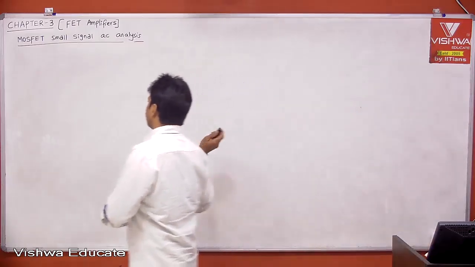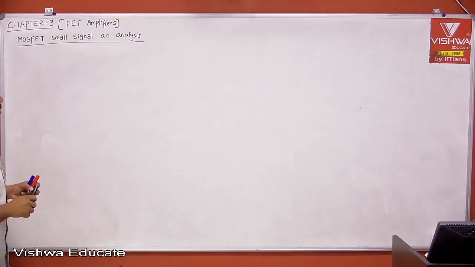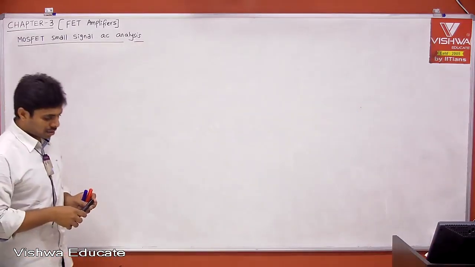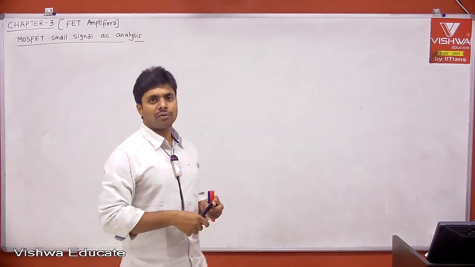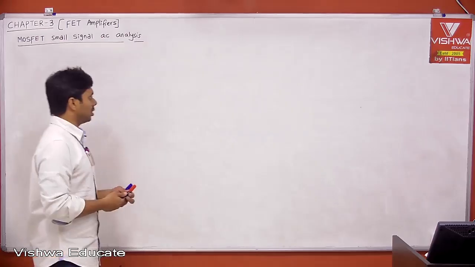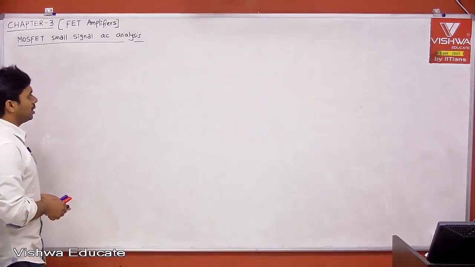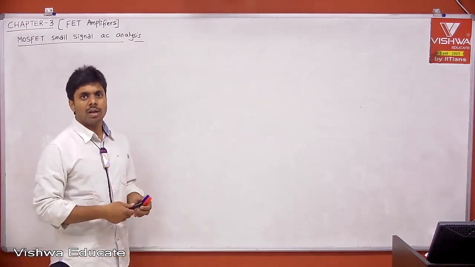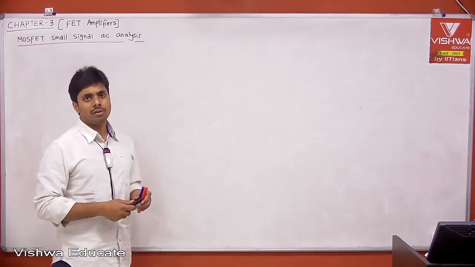Now, don't write, listen. Let me take a generic circuit which covers the configurations we had seen in the case of BJT instead of doing them individually. If you do them individually, that is redundant, because the same thing again we need to solve.